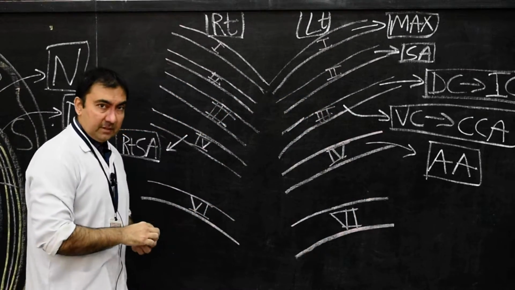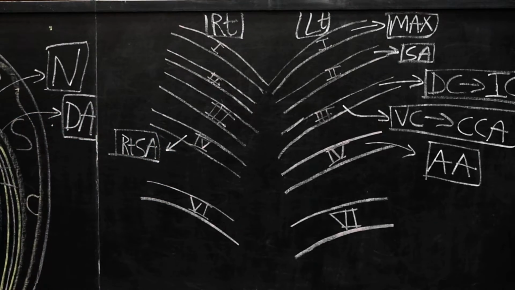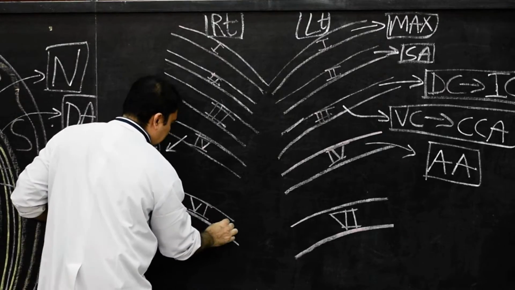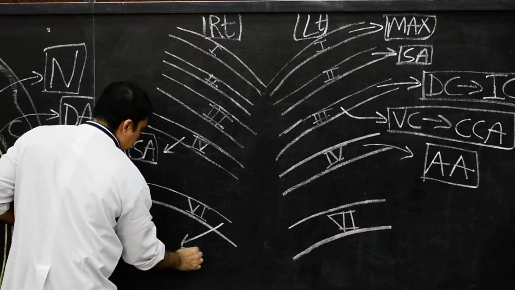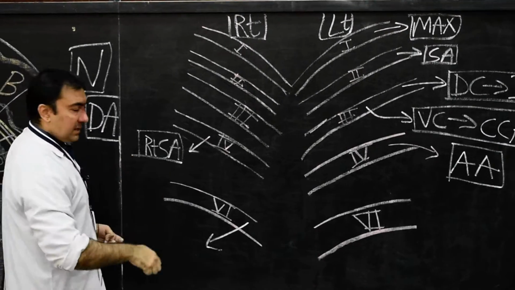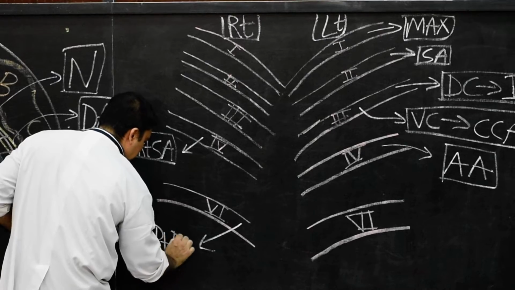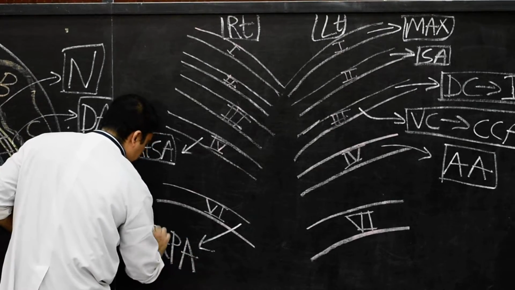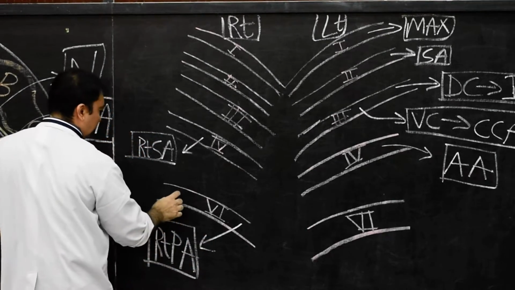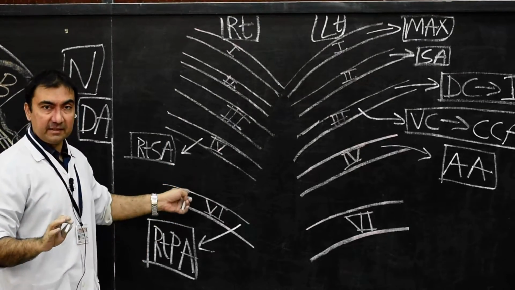The ventral component of the sixth arterial arch, on the right side, will develop into the right pulmonary artery, and its dorsal component will disappear completely on the right side.